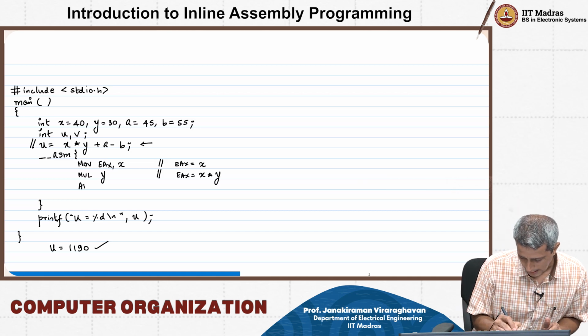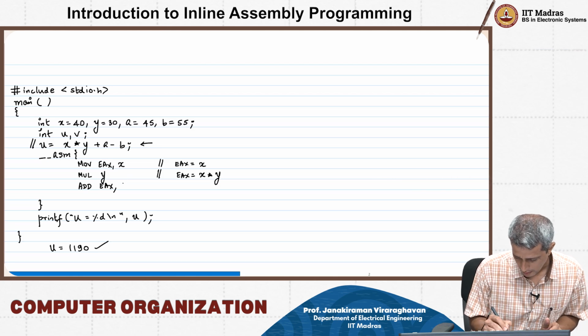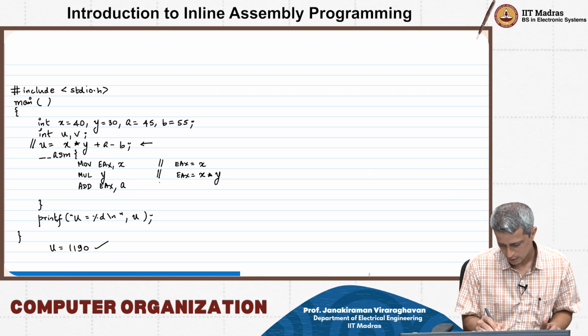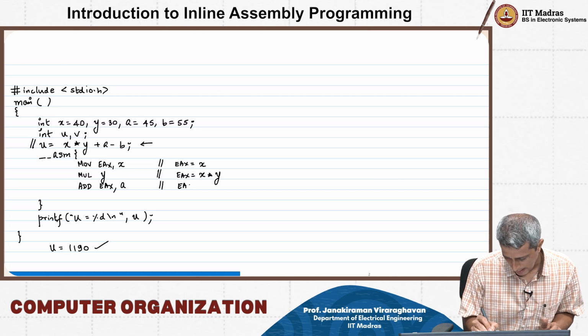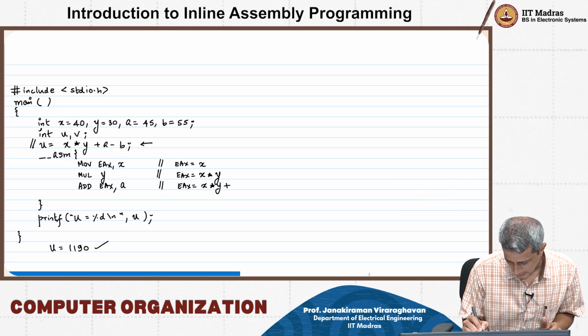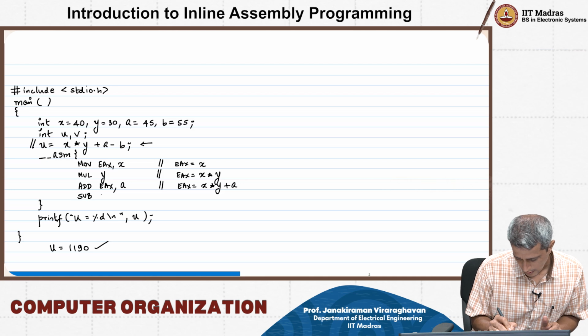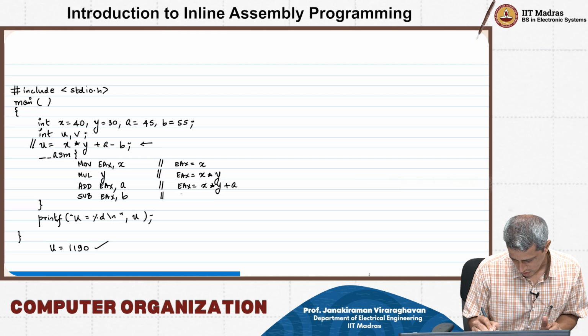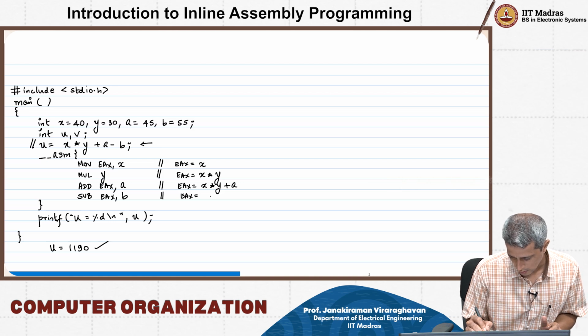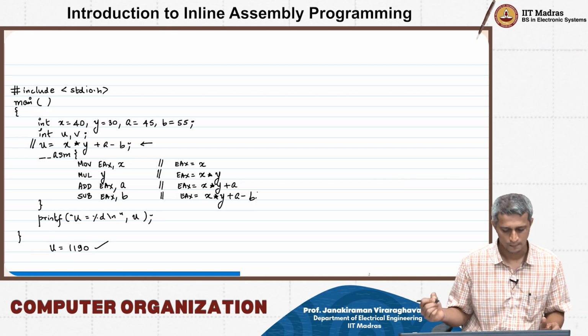Then I do add EAX comma A. So here EAX will be x into y plus A, and finally you subtract EAX comma B. So you are saying EAX equals x into y plus A minus B.